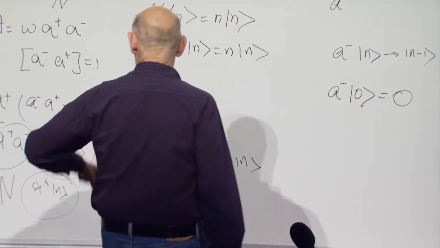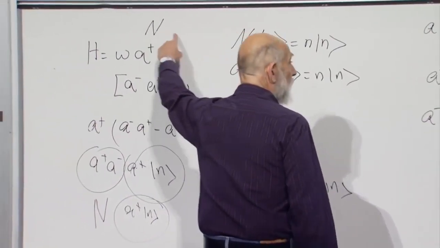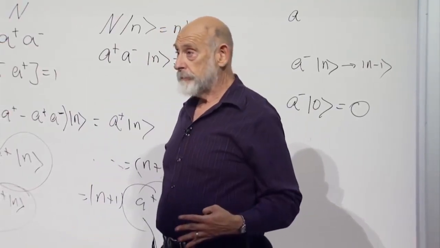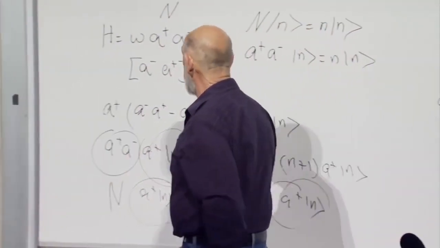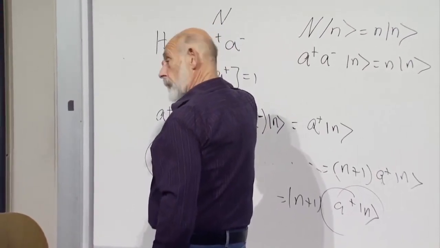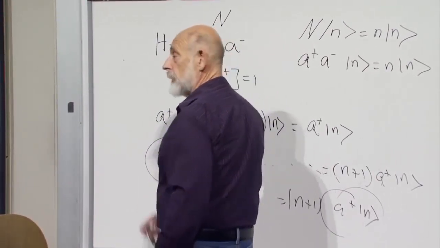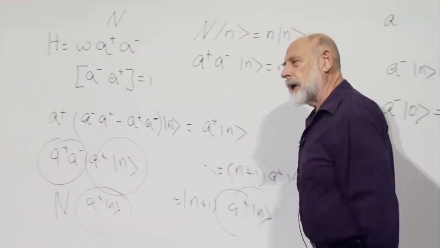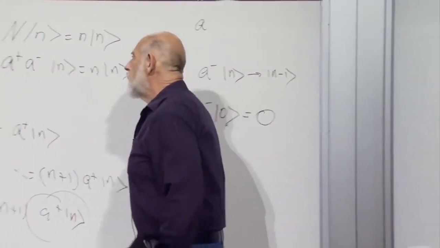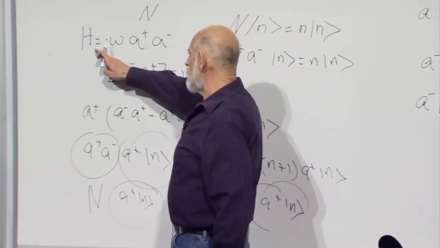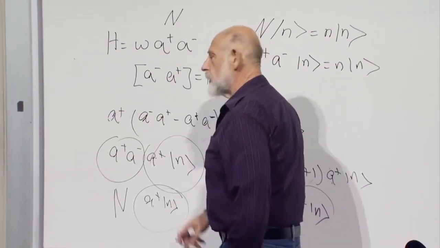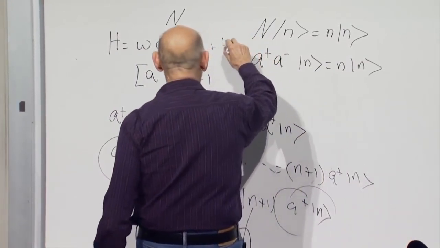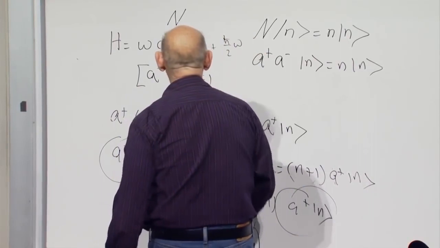The answer is 0. The answer is that the spectrum of capital N here is all of the integers starting at 0. Okay? So that tells us that the energy spectrum is omega times an integer. There is an h bar in here, and I'll tell you where the h bars are hiding next time. But it tells you that the energy spectrum is omega times an integer plus the famous 1/2 h bar omega that we threw away.